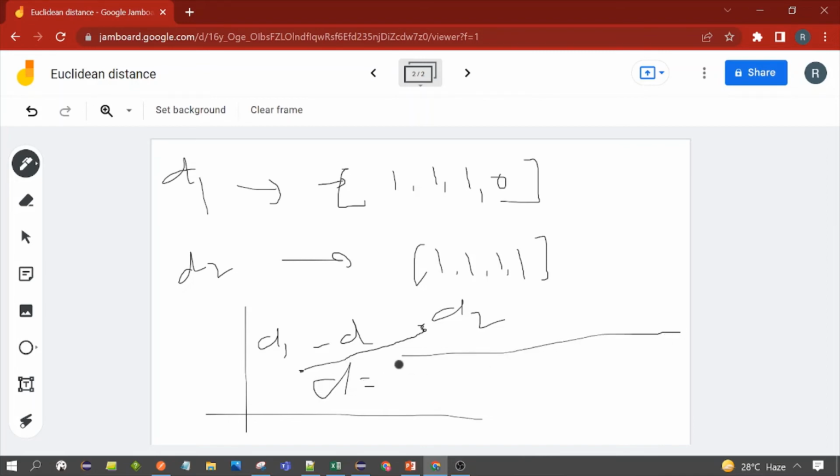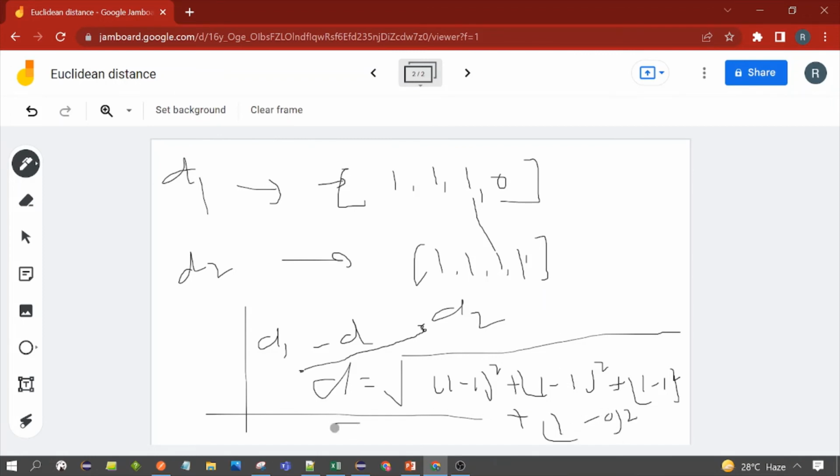Square root of first minus first, (1 minus 1) square, plus second minus second, (1 minus 1) square, plus third minus third, (1 minus 1) square, plus fourth minus fourth, (1 minus 0) square.